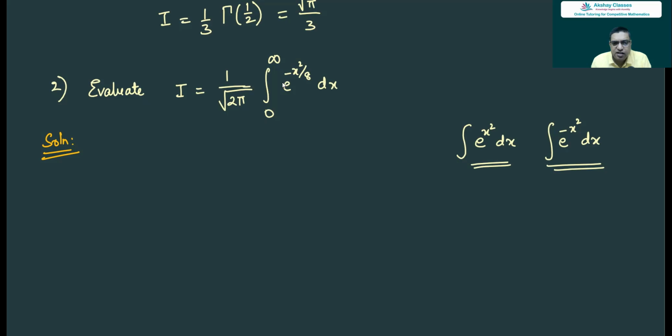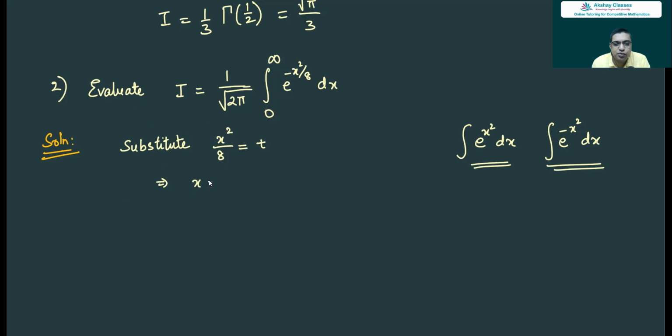Because I have seen 0 to infinity and I'm seeing e power minus x square by 8, my thought would be to substitute x square by 8 as t. Then we take the positive root, because x is lying between 0 to infinity, x is positive.